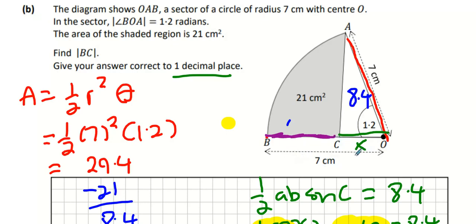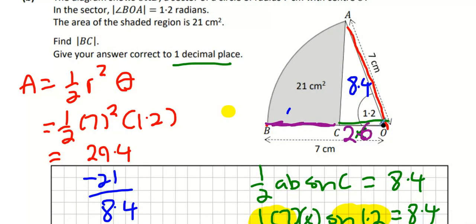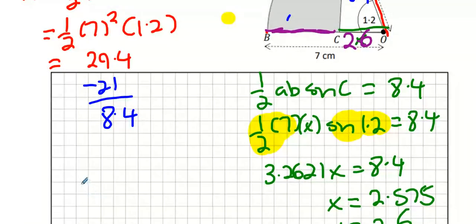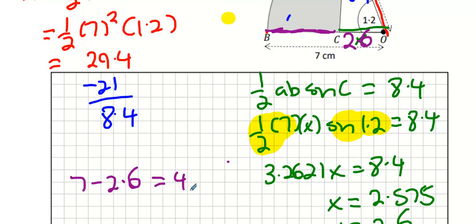It's going to be 7 take away 2.6. And you get 4.4 centimeters. That is going to be the length of BC.